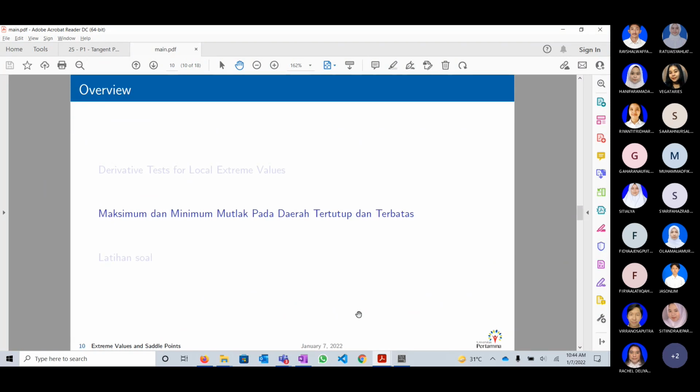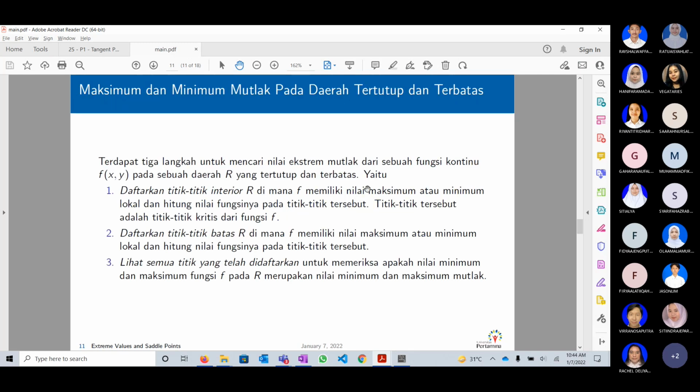Now, absolute minimum and absolute maximum. So absolute maximum and absolute minimum on a closed and bounded region. These are the steps. To find extreme values of a continuous function f in a region R that is closed and bounded, first we find the interior points where the function has a maximum and minimum.